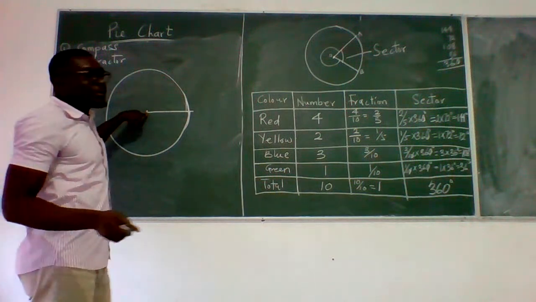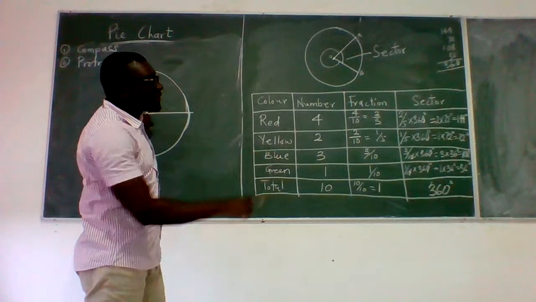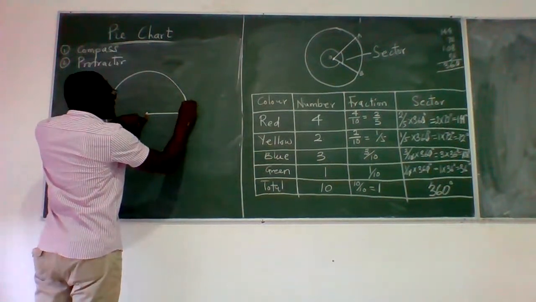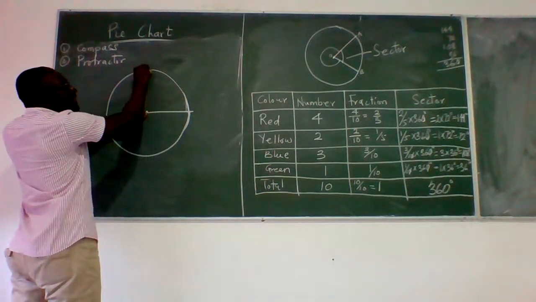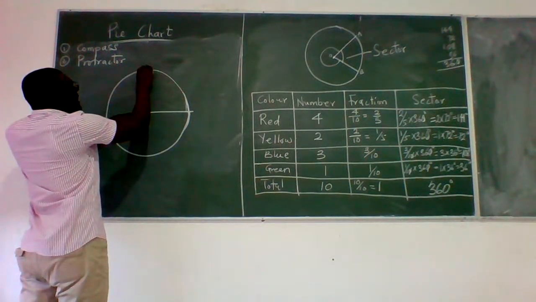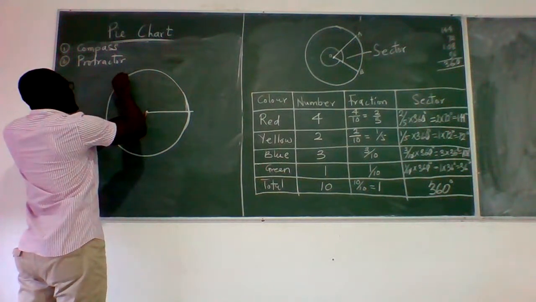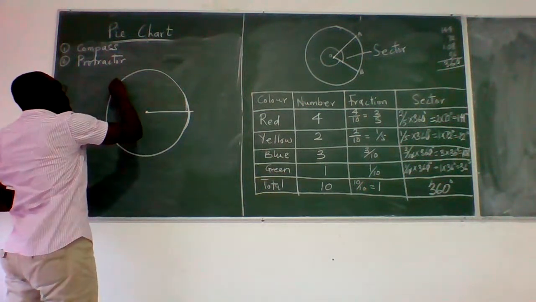So the first thing you are looking at is the one for red. And then the total angle is 144. So you move, let's say 10, 20, 30, 40. You know, by this time you are at 90 here. And then you continue. So 90, 100, 110, 120, 130, 140, 144, somewhere here. Then you put your mark there.